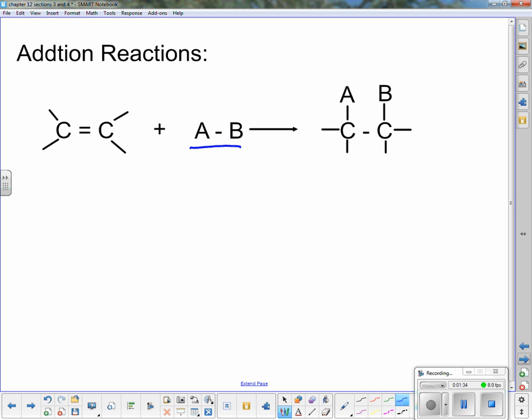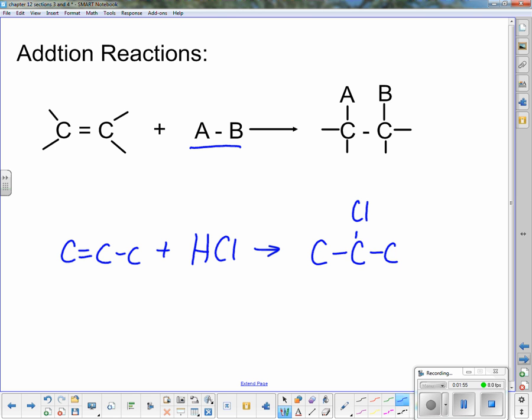Let's take a simple one like C double bound C plus HCl. As we put this in, it will become C single bound C, with the H and the Cl attached. Now how did I know where to put the Cl?